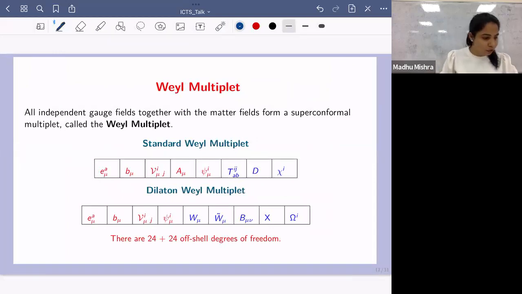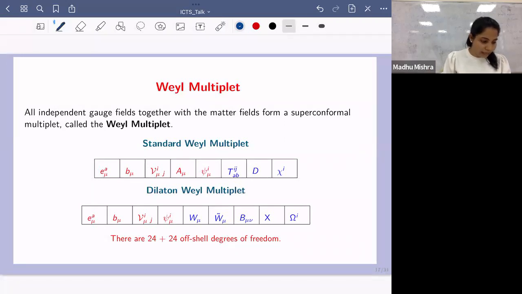And to match the bosonic and fermionic degrees of freedom, we need to add an extra set of auxiliary fields to the multiplet, and we have to modify the superconformal algebra to soft superconformal algebra, where the structure constants become structure functions depending on the auxiliary fields.